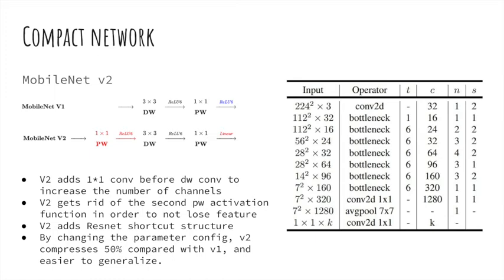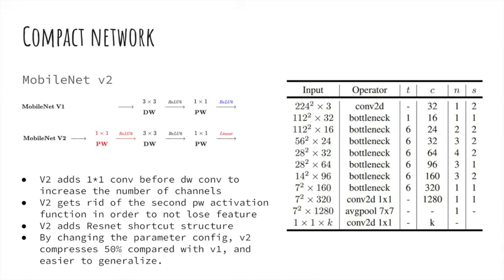Let's talk about MobileNet v2. It is an improved version of MobileNet v1. It adds a pointwise conv before the 3x3 depthwise conv, but this is not the first time to add pointwise conv before depthwise. SqueezeNet also does so, but interestingly, MobileNet v2 uses this 1x1 pointwise not to reduce the input channels.